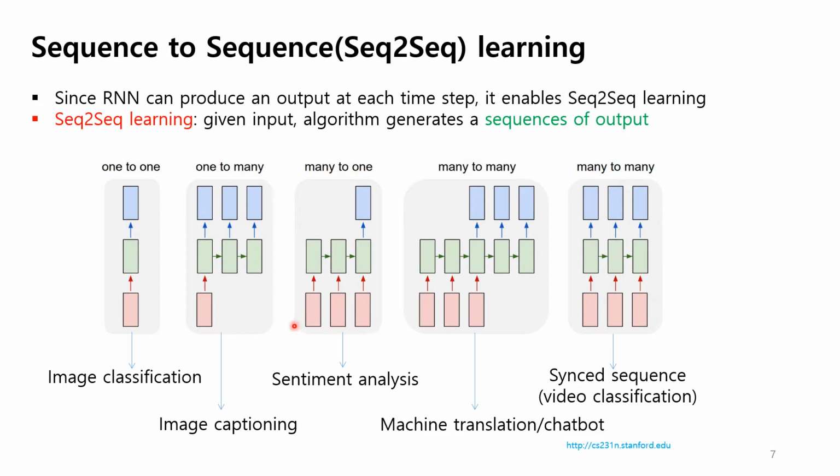A typical application example of this is sentiment analysis. You give a sentence or document, and the RNN method reads the document word by word, and at the end it gives the sentiment of the document, such as whether it is in the mood of happiness, sadness, or anger.